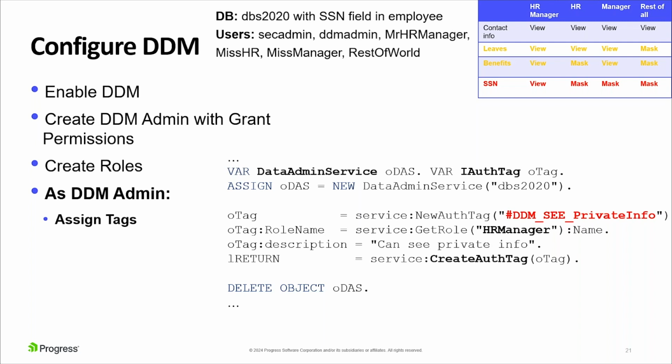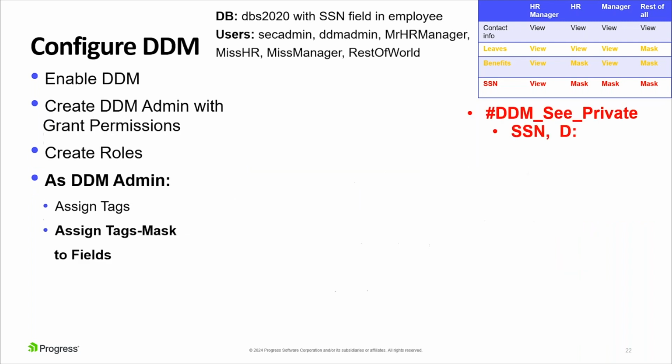So we are adding a new tag, DDM C private info, to which role? HR manager role, and say create tag. And the same way we could add the other tags in the database. So now we have completed adding tags to the database. The next step is assigning mask and tags to the field.